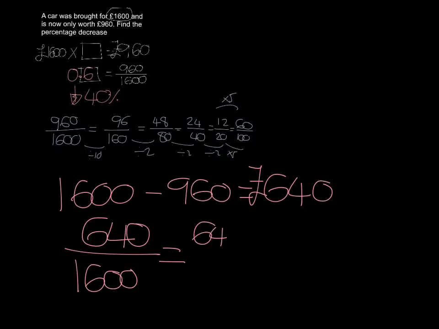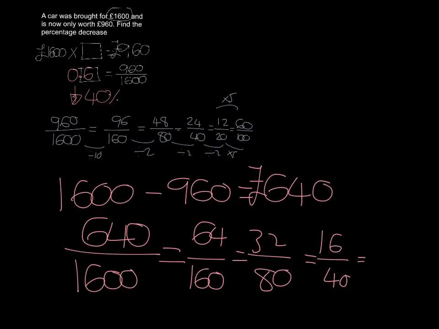So 64 out of 160 if you divide by 10, follow the same process as before. It's going to be 80 over 32, 40 and that's going to be 16, 8 over 20, and then 40 out of 100. So showing you again, it's still going to be a 40% decrease.